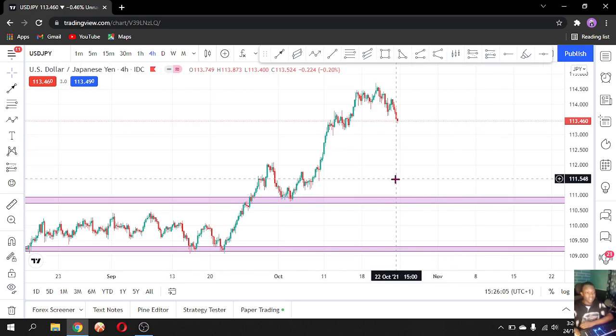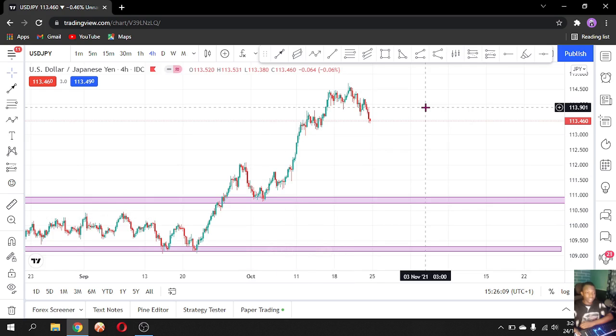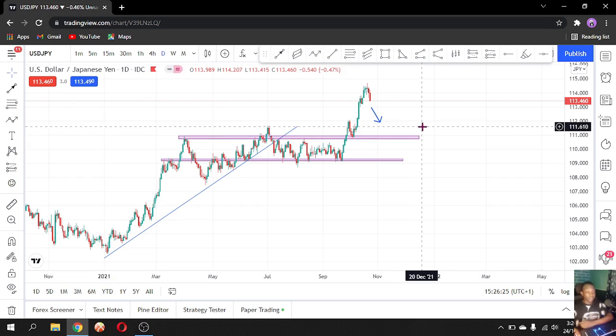Going back to the 4-hour time frame, we can see that the US dollar is pushing up, and for this currency pair we'll just wait to see how it goes. We expect the US dollar to drop to this point, so look for your setups before entering the market.